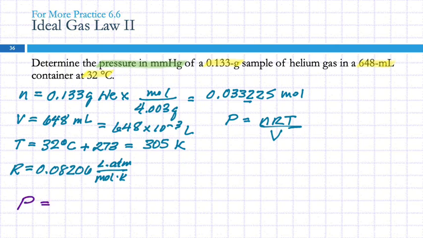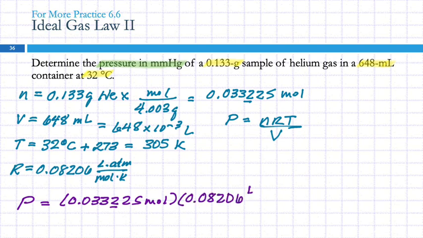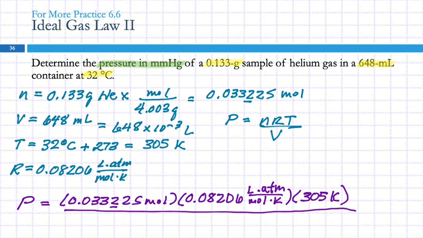So the pressure is going to equal the amount in moles times the ideal gas constant times the temperature divided by the volume. 1.2833 atmospheres is my pressure.